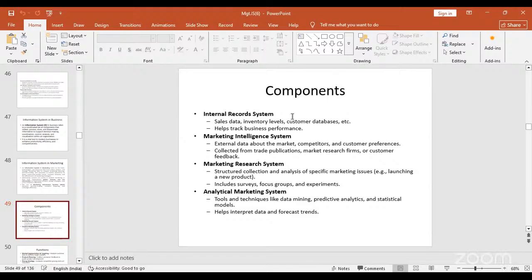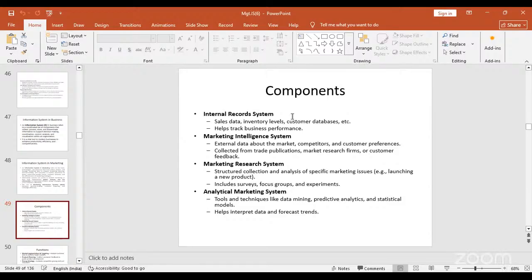That is the marketing research system. Another is the marketing research system that includes surveys, focus groups, and experiments. You might have known marketing executives, MRs in medical science, that is medical representatives, always go to the doctors and say that our product is such, you have to prescribe such type of products to your patients.